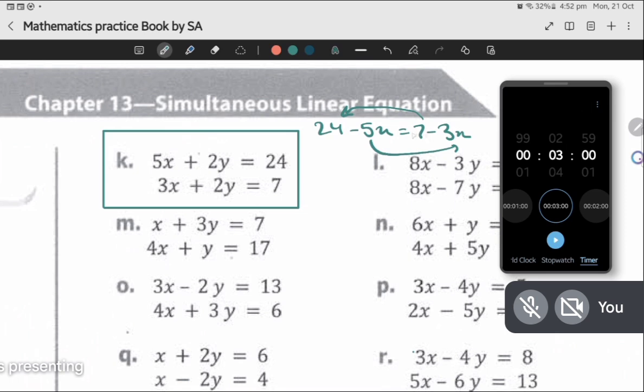It won't be 7 plus. Here it is positive, so when it comes here, what will it be? Negative. Yes, so 24 minus 7 here. And this one was here, here it's negative, so what will it become here? Positive. Yeah, so 5x minus 3x. Okay, now tell me next.